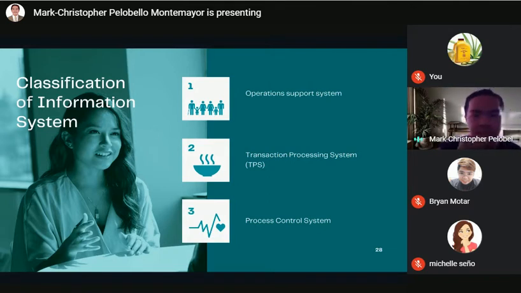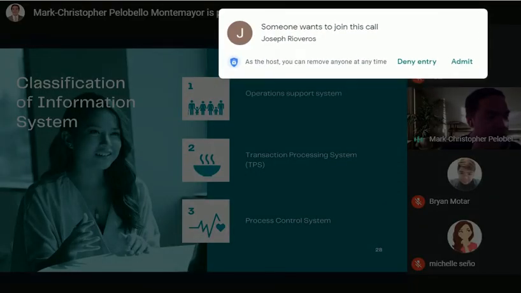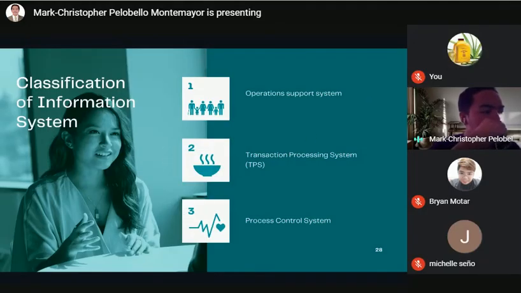The transaction processing system. In a manufacturing organization, there are several types of transactions across departments. So for example, sa isang manufacturing organization, makakakita tayo ng different transactions na nagaganap sa department na yun.